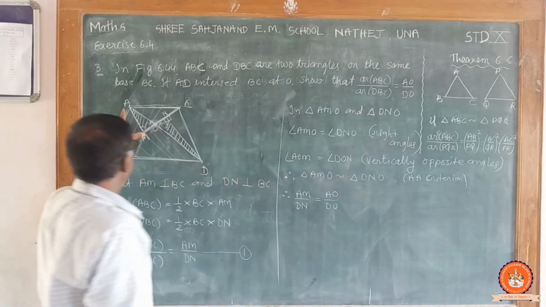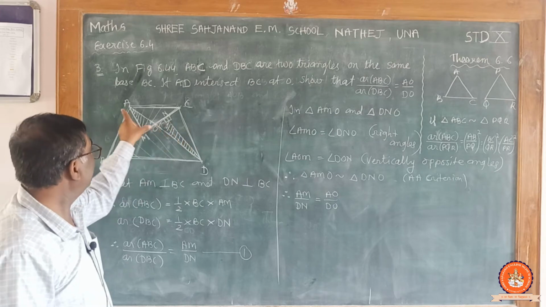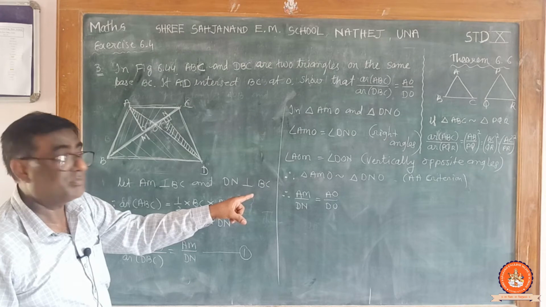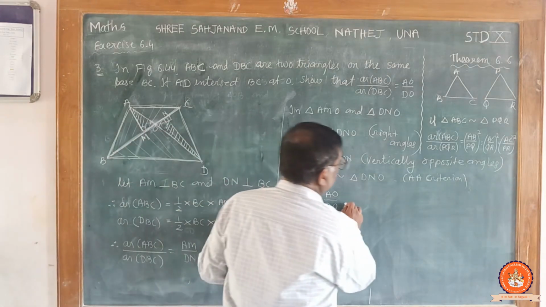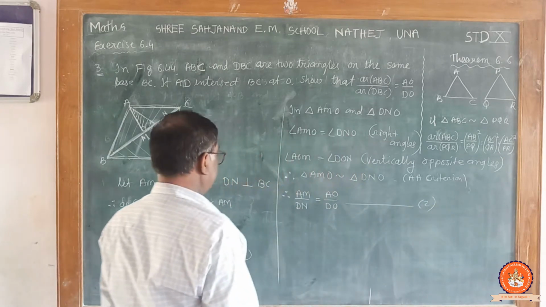AM upon DN is the ratio of one pair of corresponding sides, equal to AO upon DO, the ratio of the other pair of corresponding sides for two similar triangles. Look at it, it's our result number 2. It's our result number 1.